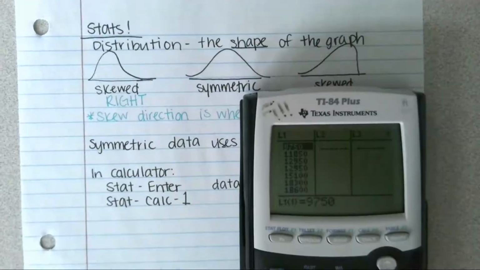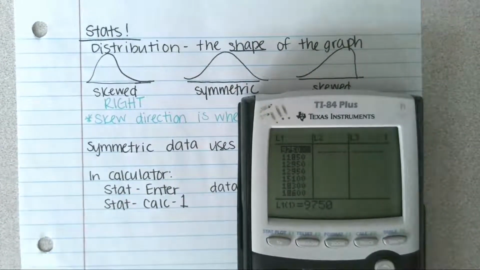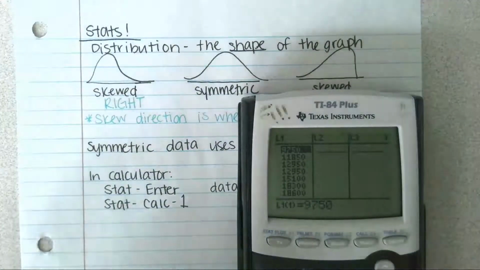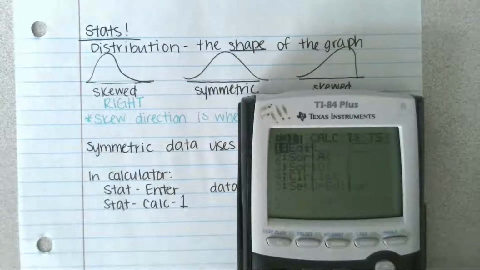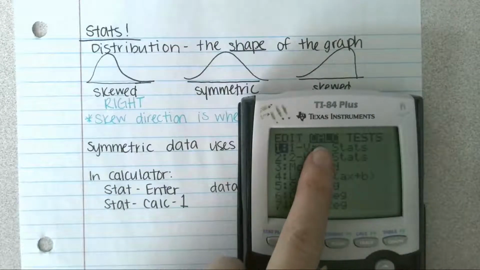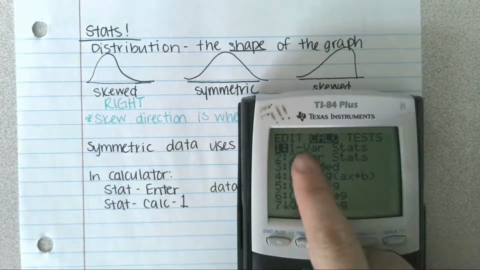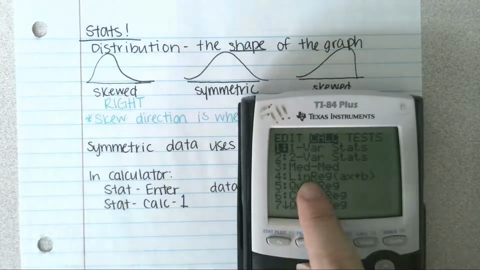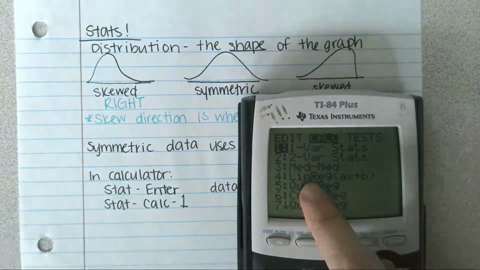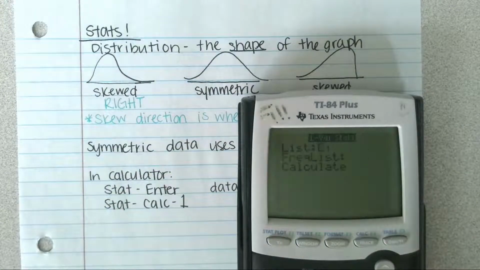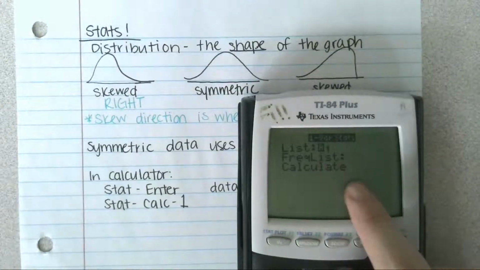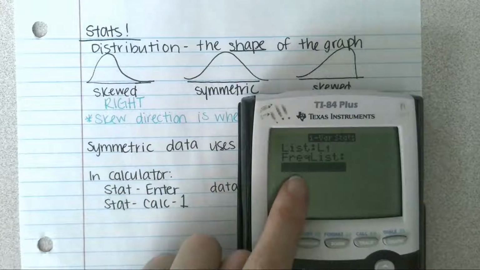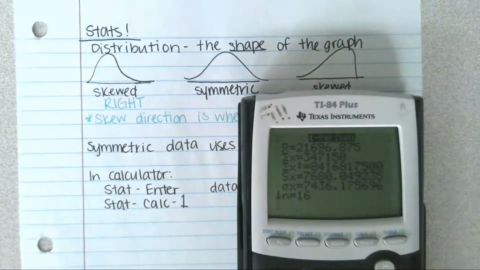So I'm just going to go ahead and use those just to make that a little bit easier for us. And then I'm going to press stat calc 1. So stat, we go over to calc, and then we have option 1 for one variable stats. If you recall earlier, we did stat calc 4 for our linear regression, but now we want stat calc 1. So I'm going to press enter, and then I just need to enter all the way down and select calculate, and this information pops up.